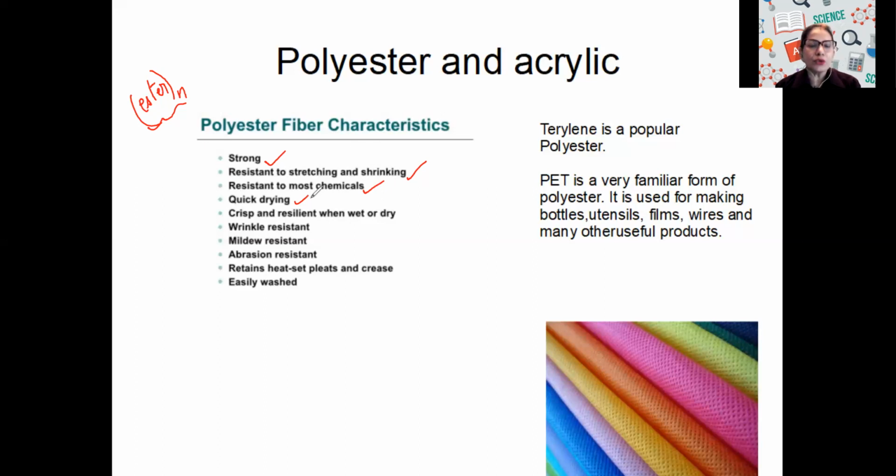Of course, woolen should be worn on the polyester, but polyester clothes help in quick drying. They're very strong also. And they are crisp and resilient when wet or dry. They become very crisp. When you touch the polyester when it is wet, you'll feel like paper.